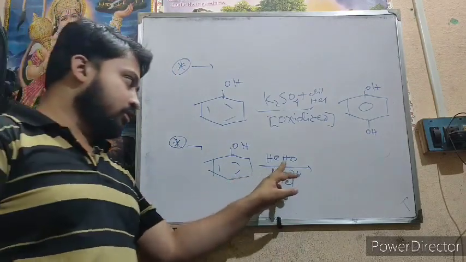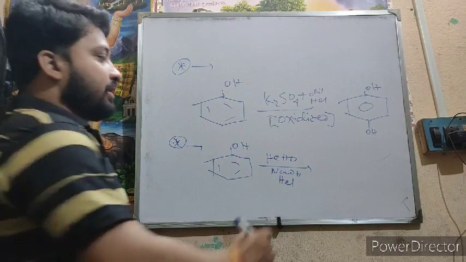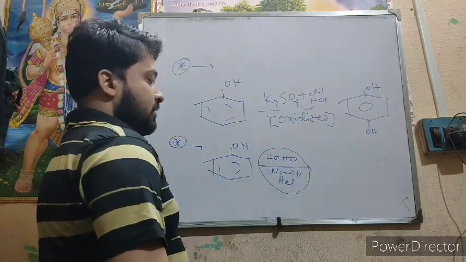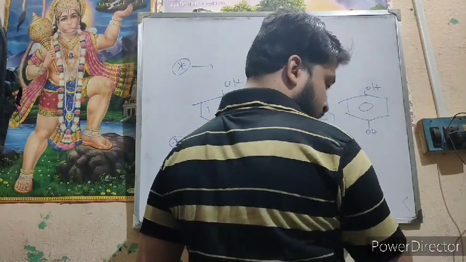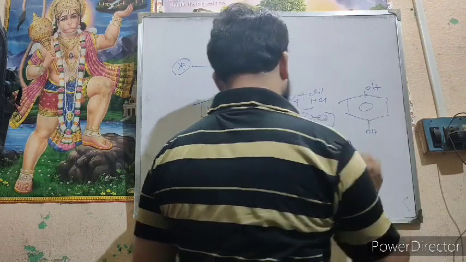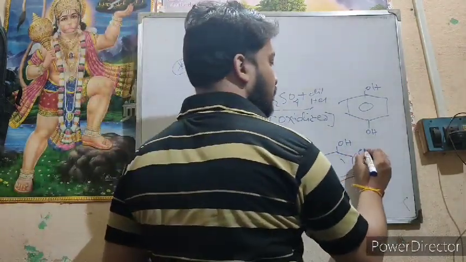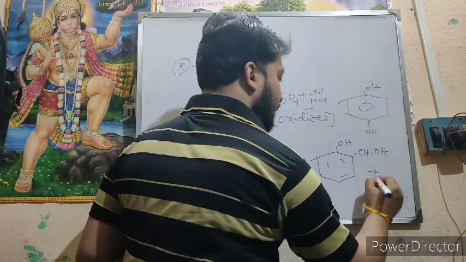If you react with these substances, you get OH and CH2OH on the ortho position as well as on the para position.